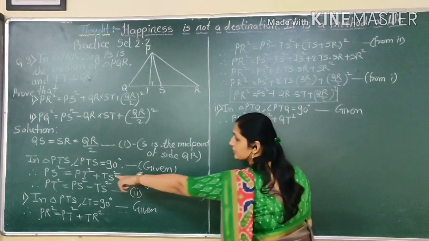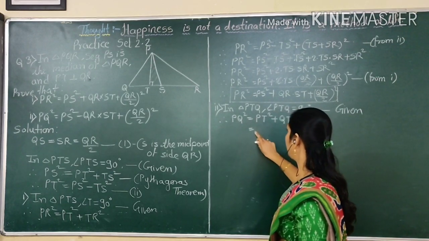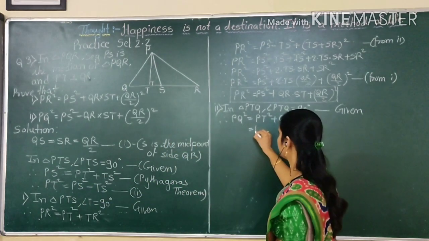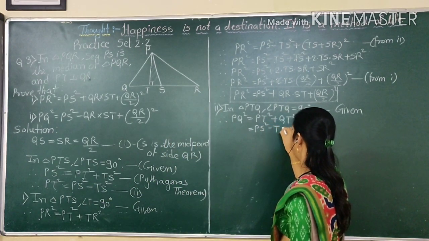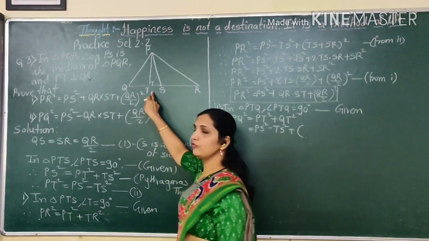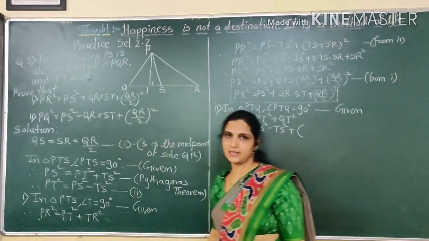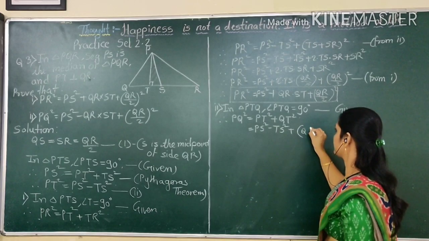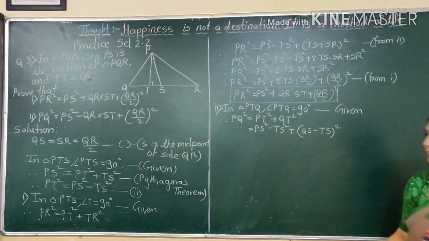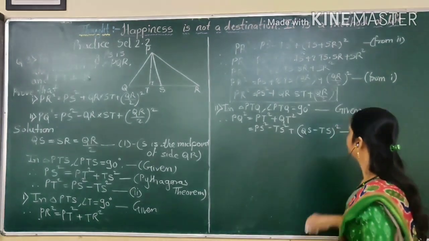Same way as we have substituted value of PT, we will substitute it here also. Value of PT is PS square minus TS square. So substitute it PS square minus TS square, and here QT we can substitute as QS minus TS. Okay. So let's substitute QS minus TS square. This is from that 2.